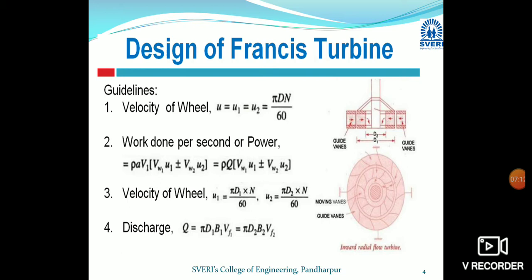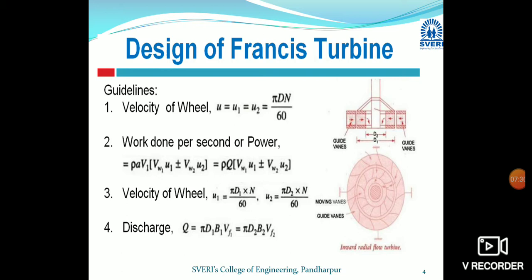Here a V1 represents area into velocity, which is discharge. Therefore this formula can be simplified as rho Q into VW1 U1 plus or minus VW2 U2. So this is the work done per second, or power generated by the turbine.